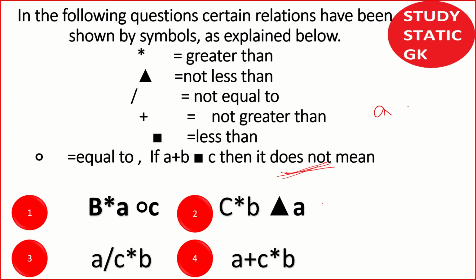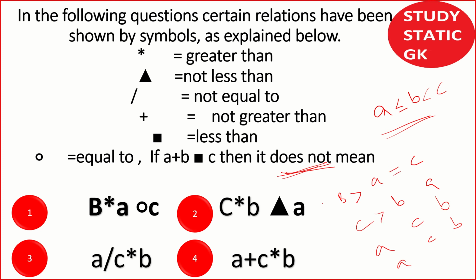So again I'm writing the inequality over here. A plus means not greater than, that means less than or equal to B, and A square less than C. This is the given one. And again in the options it will go B A C, C B A, C B, again A C B. Okay, let's substitute the actual values over here.